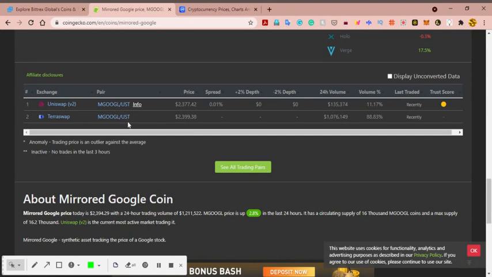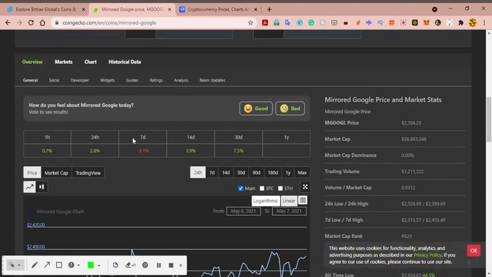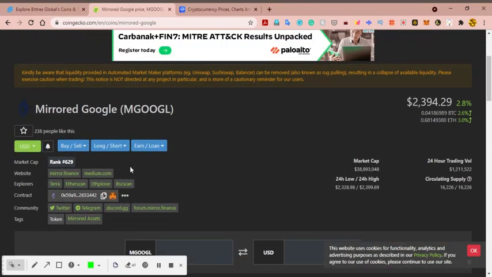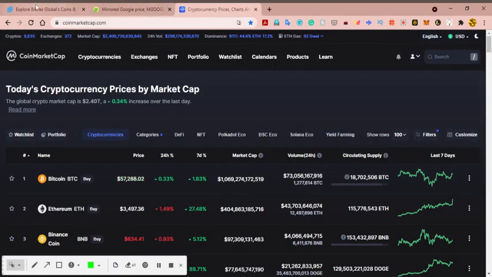If I'm not mistaken, that's Tether. So I can only use UST to buy this on those swaps. And this is the price. As you can see, it matches Google's price or trades very closely to Google's price. So pretty simple and easy to understand. Okay, so that takes care of that.